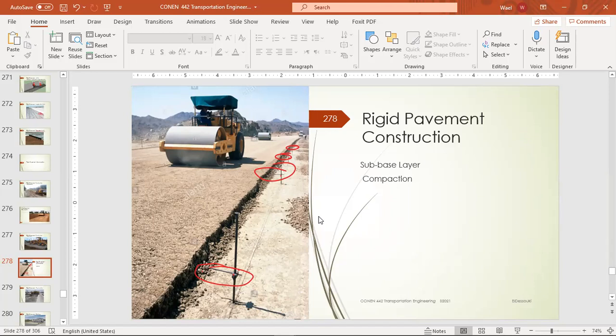And as you can see, each of these markers is at a station, and usually these marks are maybe 10 meters apart or 5 meters apart. It depends on the level of accuracy that we are looking for.